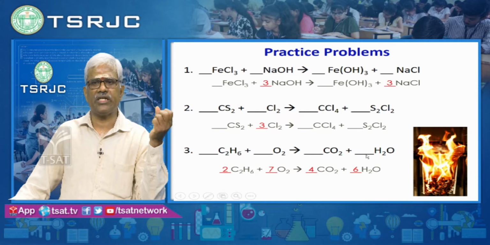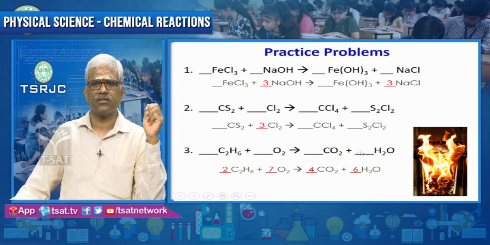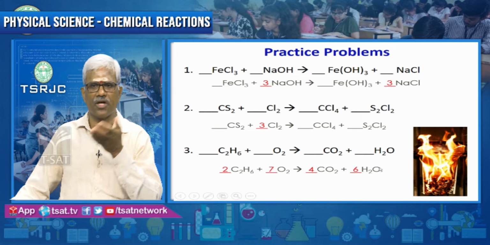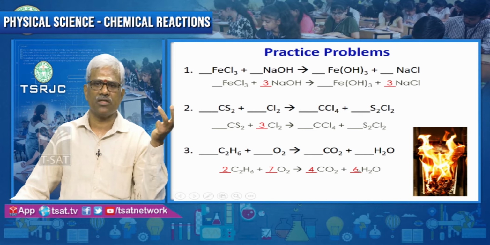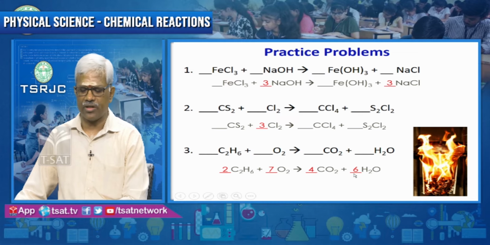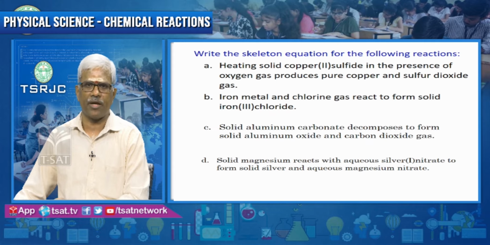Let us consider it as an even number 6, then it will be easy to balance. If you take 7 oxygen molecules, that means 14 oxygen atoms, 14 is an even number. Now, this is already converted into even. So, in such complicated reactions, we have to act fast. In the examination, you will have only 1 minute time.